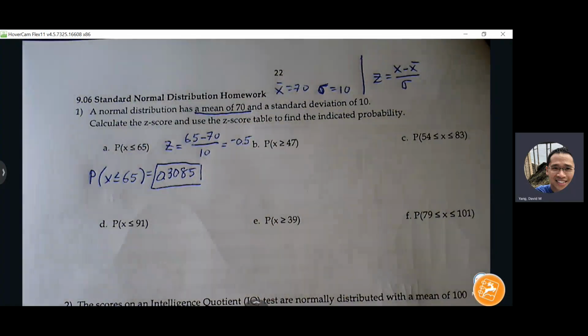Greater than or equal to 47, you're still going to find your z-score, you're still going to use the table, but we have to do 1 minus the probability.